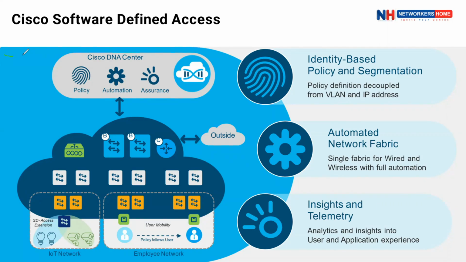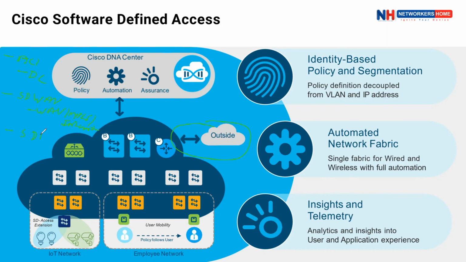See, I'll give a short and sweet answer. ACI is for the data center. SD-WAN is for the WAN, the MPLS or the internet, basically connecting with the outside world.